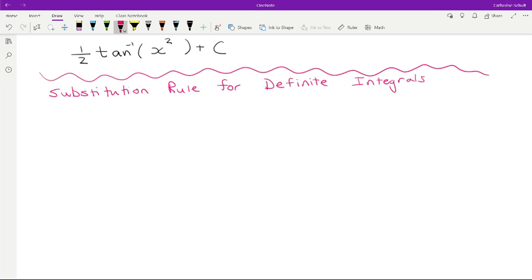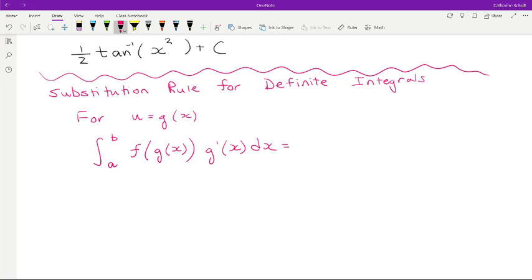All right, so it starts off the same. We're going to be dealing with some kind of composition of functions. Our u substitution will be the inside function. And the definite integral has our limits of integration. All right, so that's what's different so far.